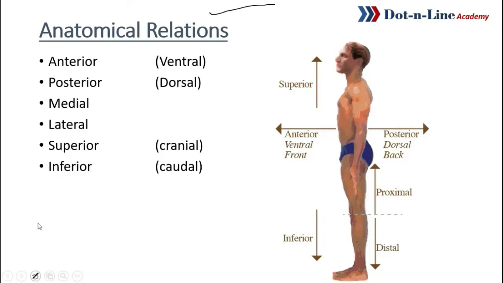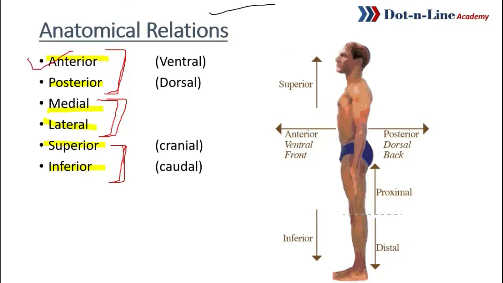You must have heard these names, right? Anterior, posterior, medial, lateral, superior, inferior. These are opposite of each other. First, let me explain what anterior is.